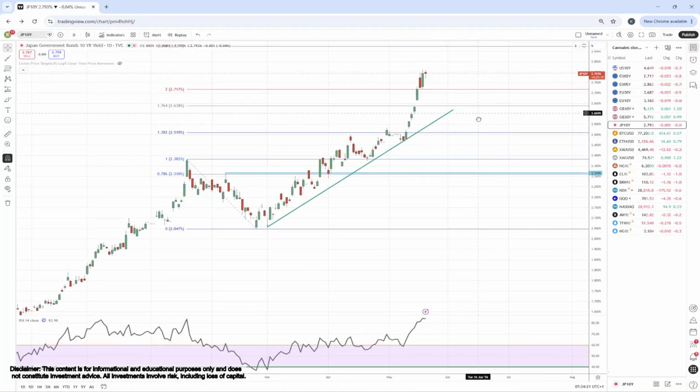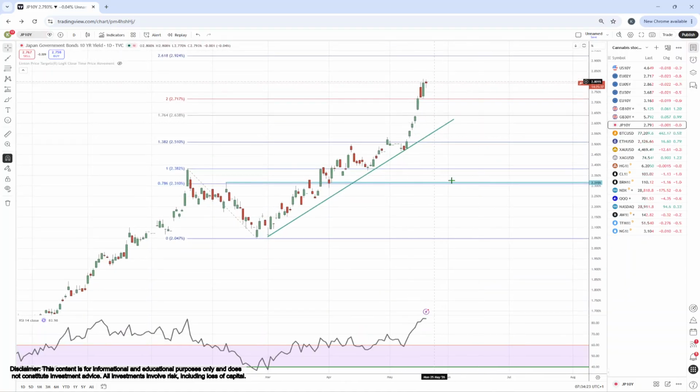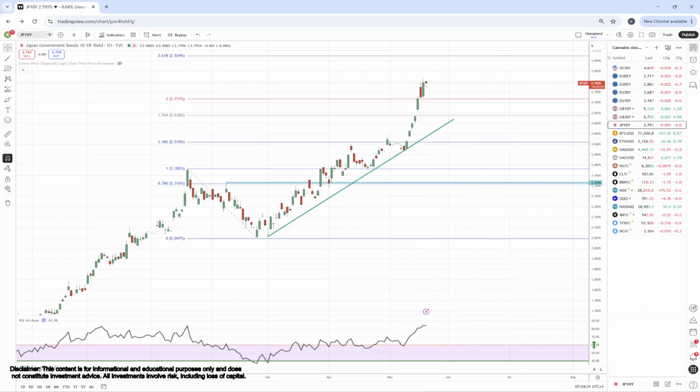Japanese also still in a bullish trend, a bit stretched actually. Look at the RSI. It's at 84, and it can't only go to 100. So it's stretched. So you can say overdone, but there's no divergence indicating after a possible correction we could see it moving higher towards 2.90.